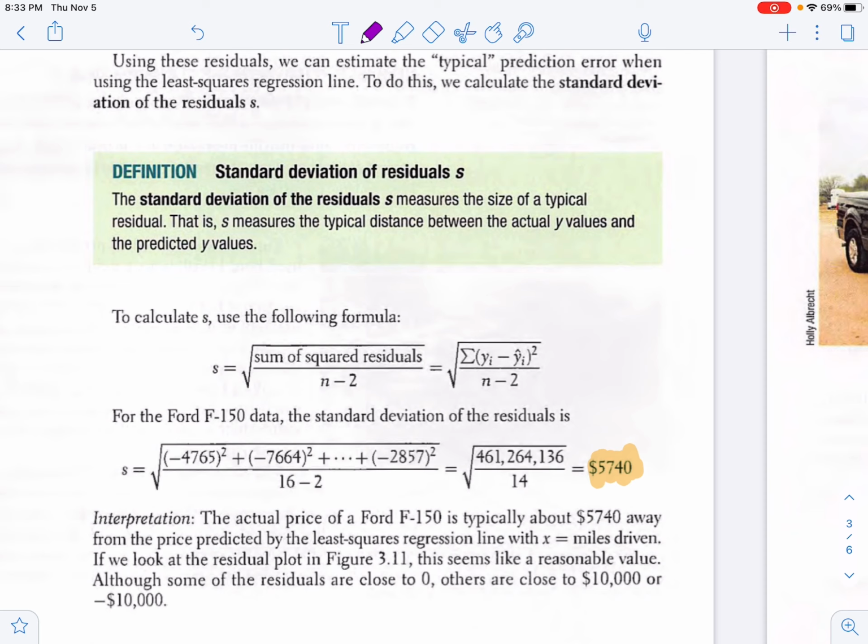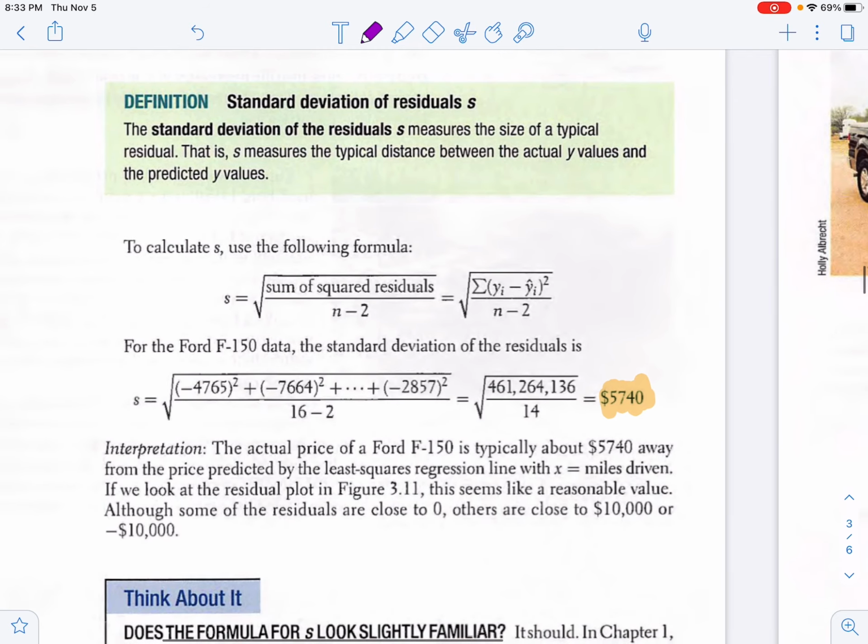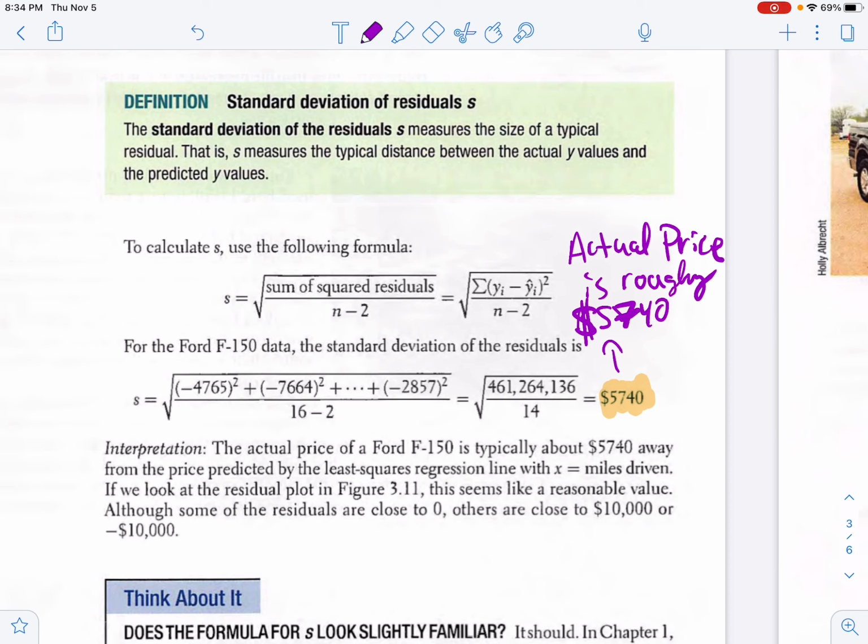It's the size of the typical residual. So it tells us the typical distance from a data point to our line is the size of a typical residual. We can interpret this as the actual price is roughly $5,740 from the predicted price.